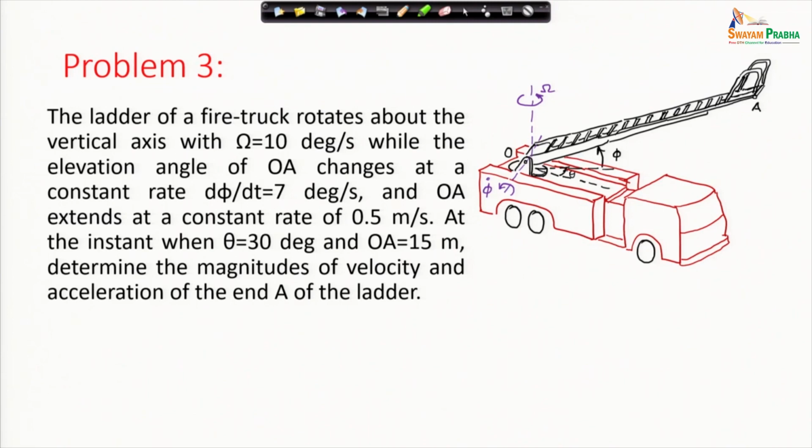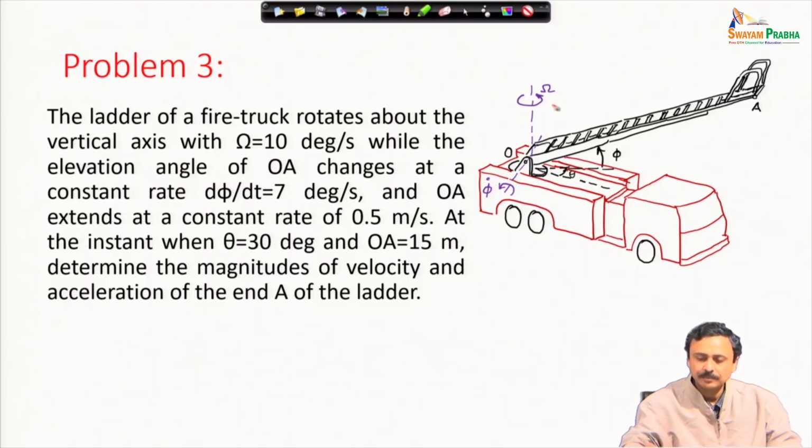This problem says that a ladder of a fire truck rotates about the vertical axis with omega, as shown here, of 10 degrees per second, while the elevation angle of OA changes at a constant rate of 7 degrees per second.